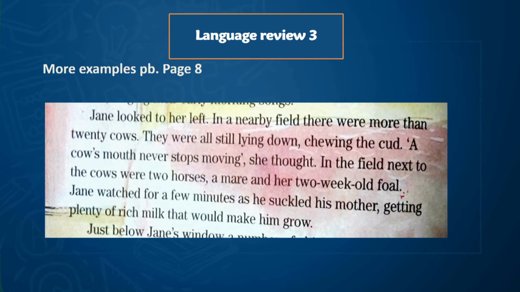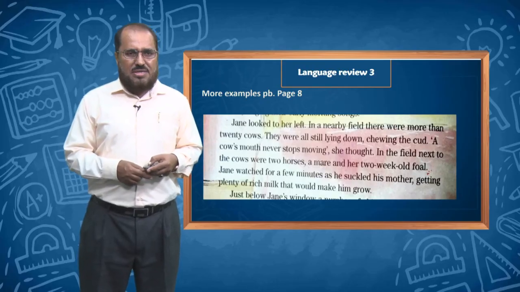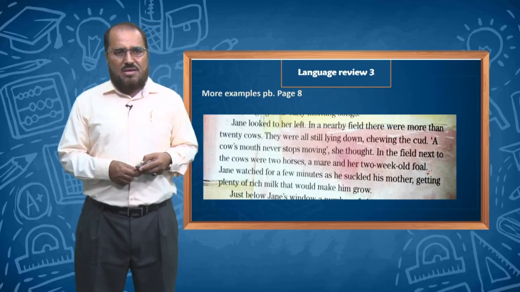In the nearby field were more than 20 cows. They were all still lying down, chewing the cud. "A cow's mouth never stops moving," she thought. In the field next to the cows were two horses, a mare and her two-week-old foal. Jane watched for a few minutes as he suckled his mother, getting plenty of fresh milk that would make him grow.